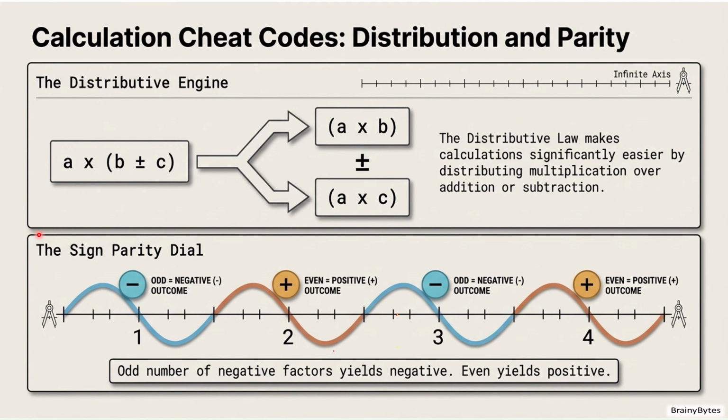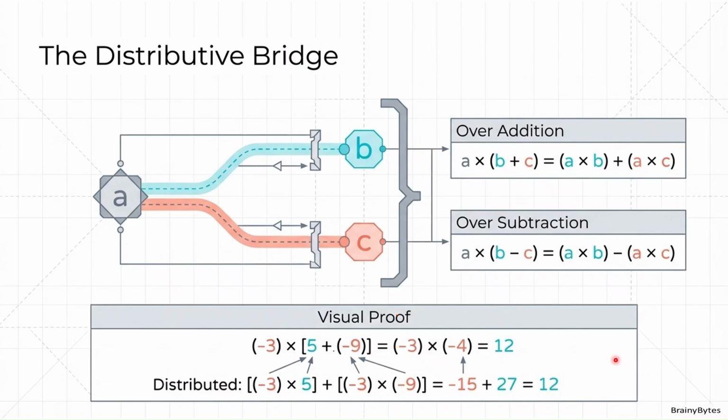But before moving ahead, let me tell you about the sign parity dial, which is just a short trick to find out the resulting sign of the answer by counting the number of negative factors in the question. It means that an odd number of negative factors yields a negative, whereas an even number of negative factors yields a positive.